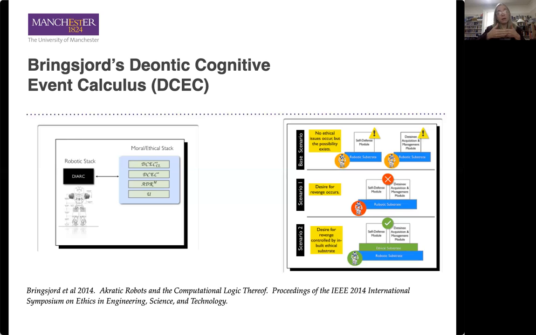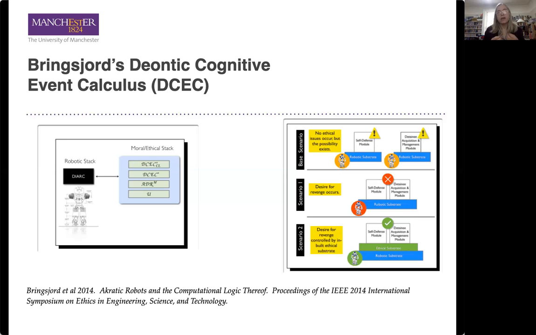And in Bringsjord's system, you have a stack of reasoning systems, and they include in this stack this cognitive event calculus, in which you can encode the ethics. In fact, he has an automated reasoning system, a logical theorem prover, and when reasoning happens, the system proves, using this theorem prover, that the selected action is the ethical one according to the event stack.